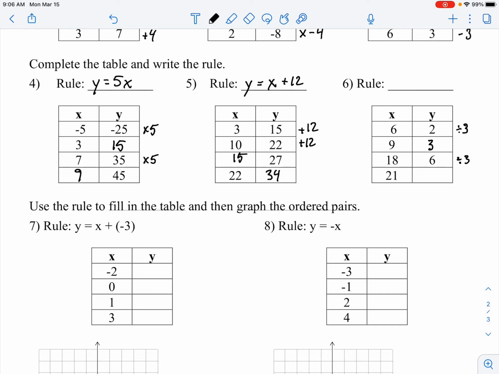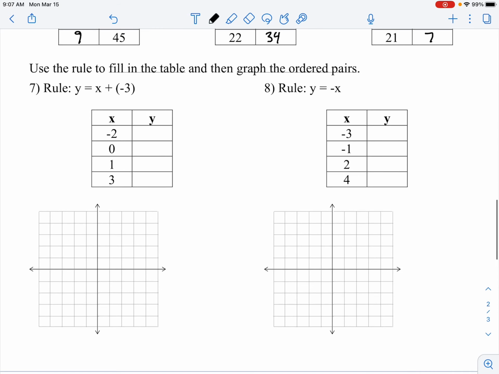So 9 divided by 3 will get us to 3, and 21 divided by 3 will get us to 7. So our rule here, we get our y value by taking our x value and dividing it by 3. Another way we could write this is y equals 1/3 x. Those are the same thing there.